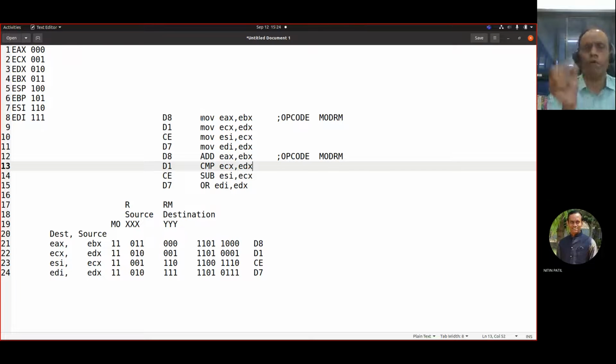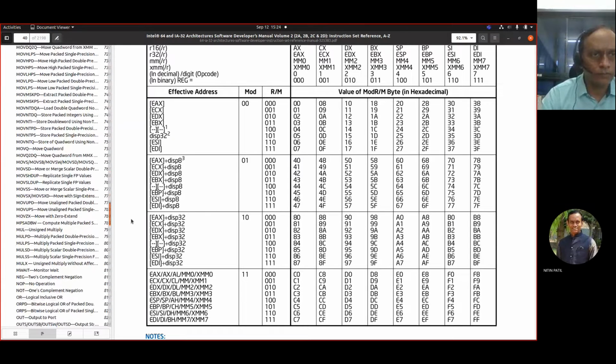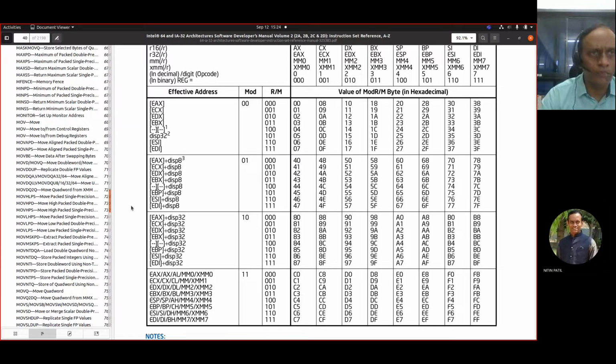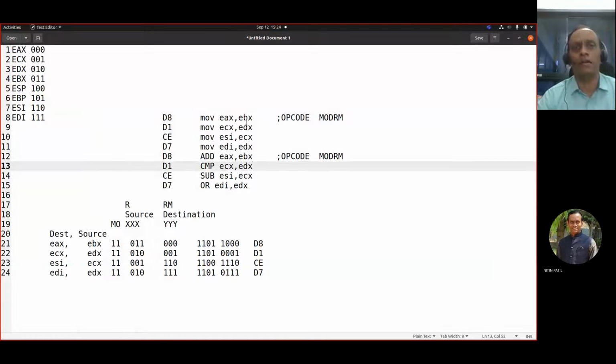Now in the Intel manual, for every instruction there are multiple operand types. So accordingly, the Intel manual has a table added for every instruction. Let us first check for move. So we have here the move instruction. As our second operand is a register, the first operand can be register or memory, for example. So RM32, R32.